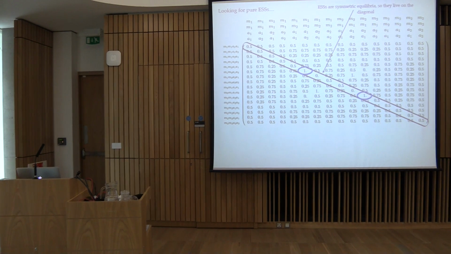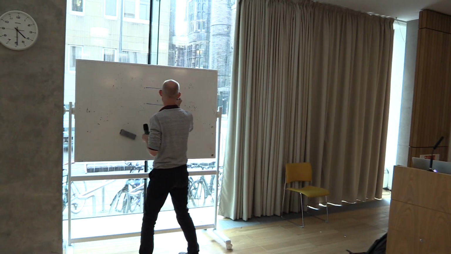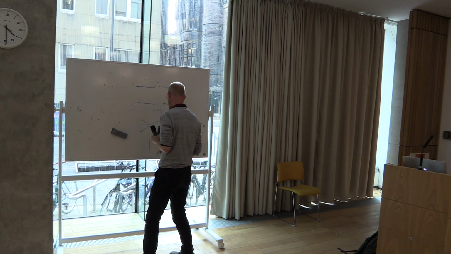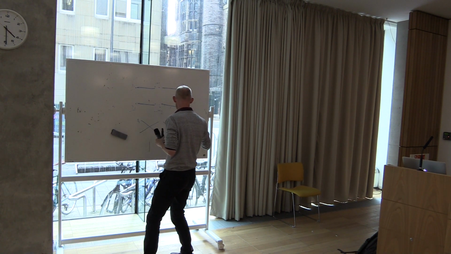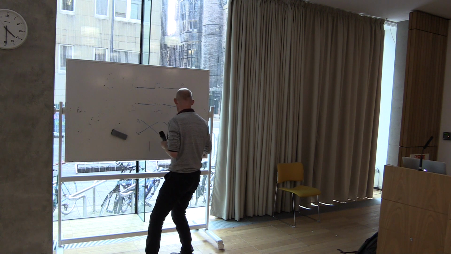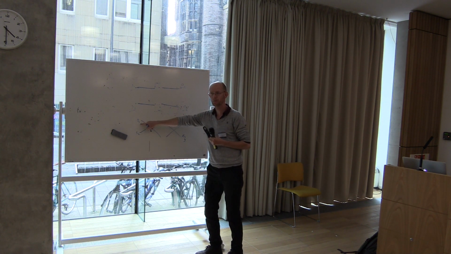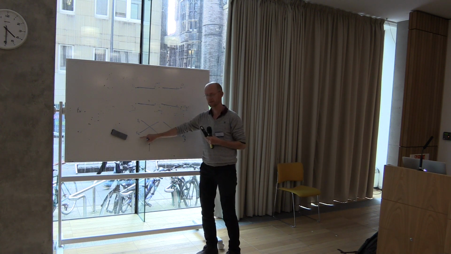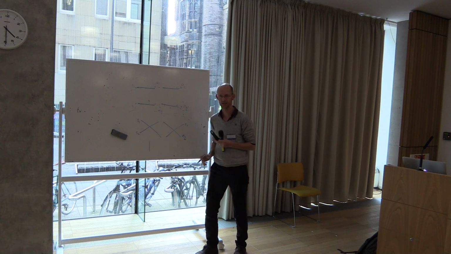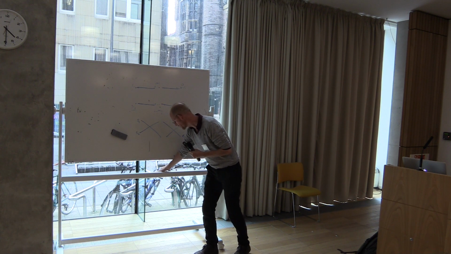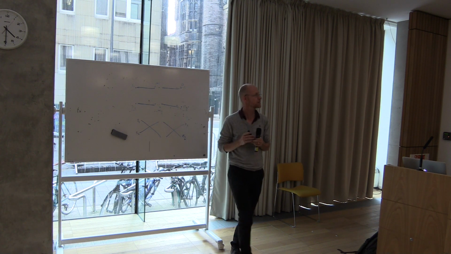The important thing is that A1 is done in situation S1, and A3 is done in situation X. A2 is done in situation S2. That's happening in those cases. Then you always get expected value 1.